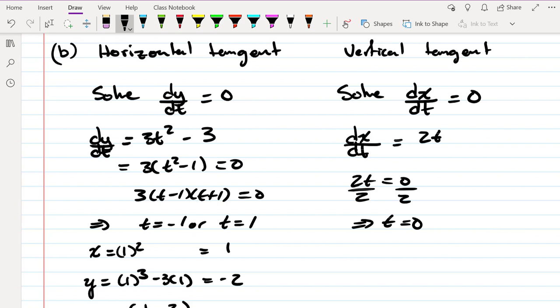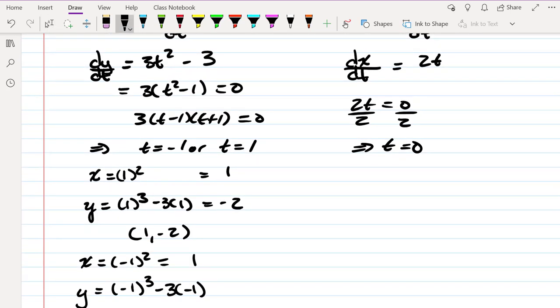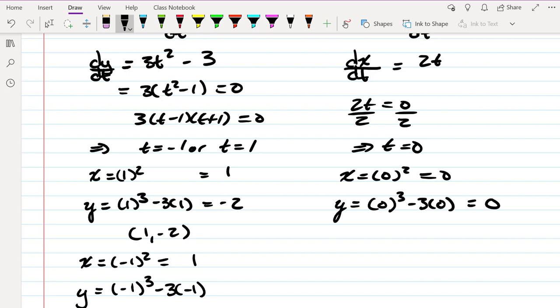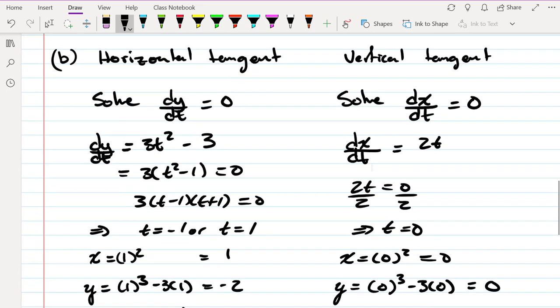So then to find that point, we plug t equals 0 in for x, which is just 0 squared, which is 0, and we plug t equals 0 into y, which is 0 cubed minus 3 times 0, which is 0 minus 0, which is still 0. So we have a vertical tangent line at the point (0, 0).